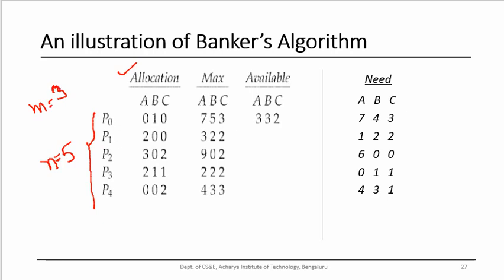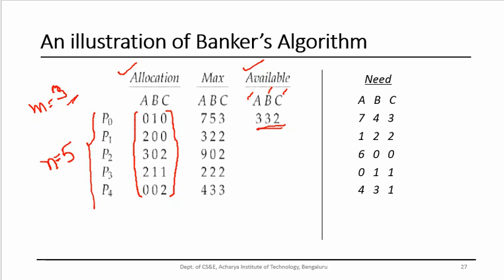So I told you that this available is a vector of length 3. So it has 3 elements, 3, 3, 2. What it indicates is that after allocating the resources shown by this matrix, 3 instances of A are left, 3 instances of B are left, and 2 instances of C are left.